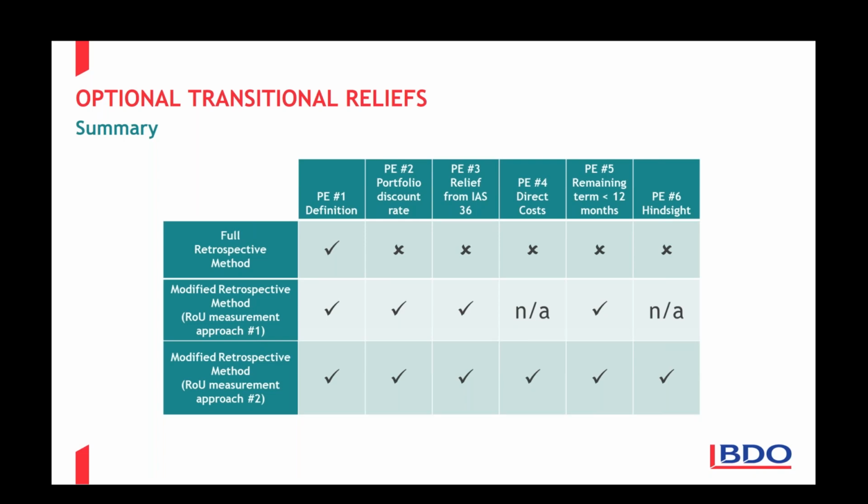If you look at modified retrospective method 2, all of them are available. So you should consider this, because the more practical expedients you use, I would say the easier your calculation becomes. However, I have to say modified retrospective method number 1 really is an easy calculation. It depends on whether the number makes you happy as well.